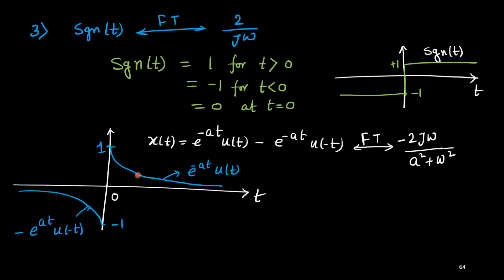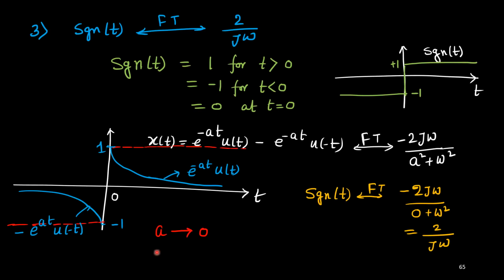Now we will start from that previous example. This signal x of t is e to the power minus at u of t minus e to the power plus at u of minus t, and its Fourier transform we have got as minus 2 j omega upon a square plus omega square. Now if I consider the limit a tends to 0, then this function is not decreasing at all.